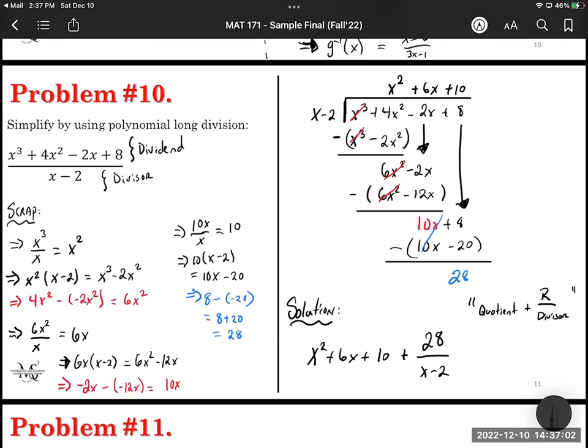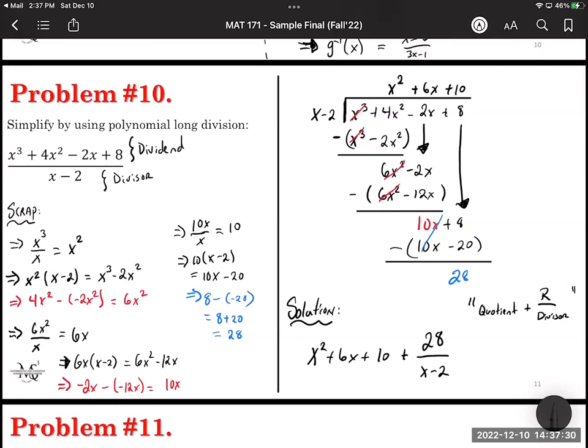Yes. Usually you write it as quotient plus remainder over divisor. Sometimes the professor just says write quotient plus remainder 28, like r 28, but it's okay to say 28 over x minus 2. Can I just leave it as x squared plus 6x plus 10? No, that's not it. If you put that, then your answer is wrong.